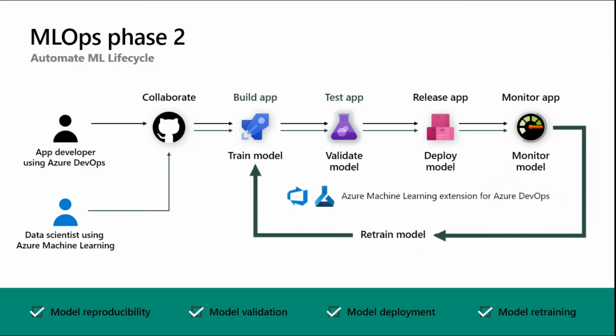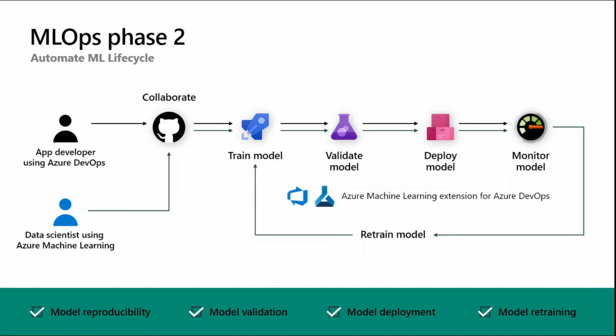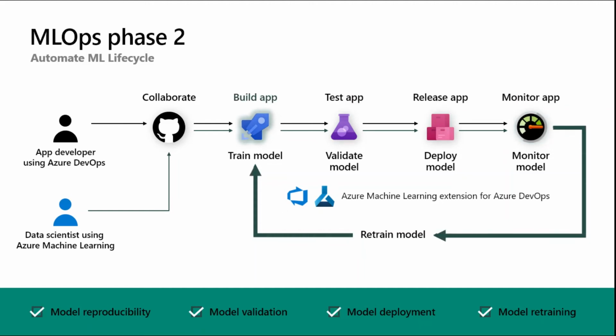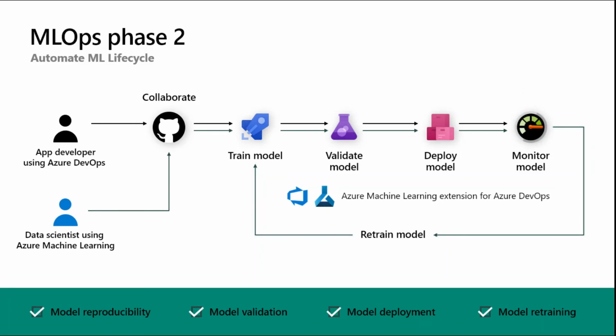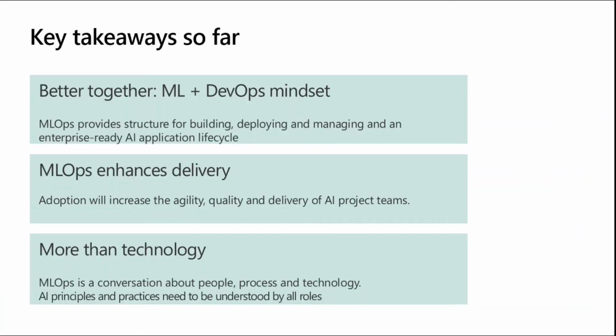When models are retrained, you need to build, test, and release your app and the developed model again. And Azure Machine Learning takes care of this by integrating with Azure DevOps so that the retraining automatically triggers your DevOps pipeline for continuous deployment.